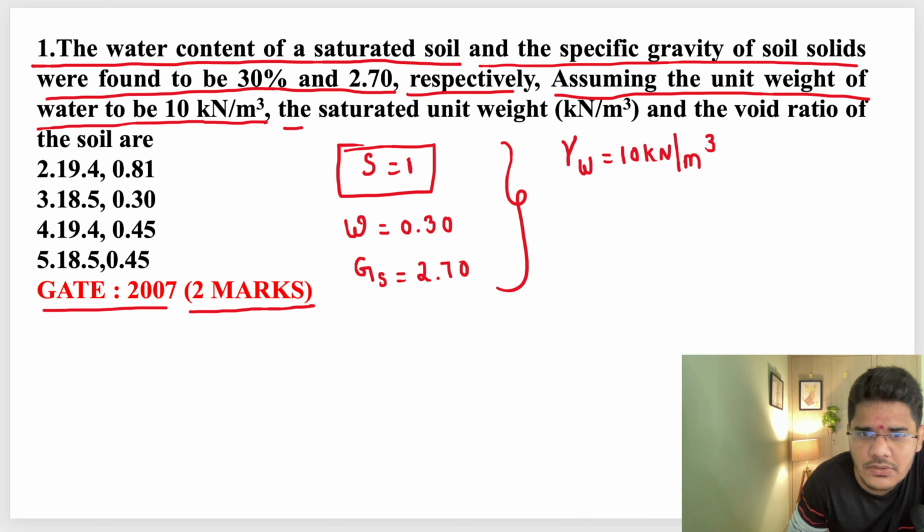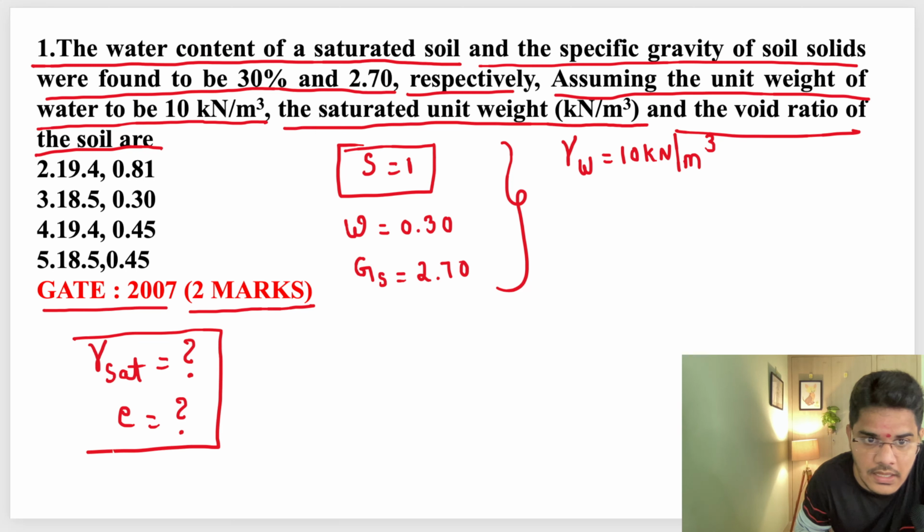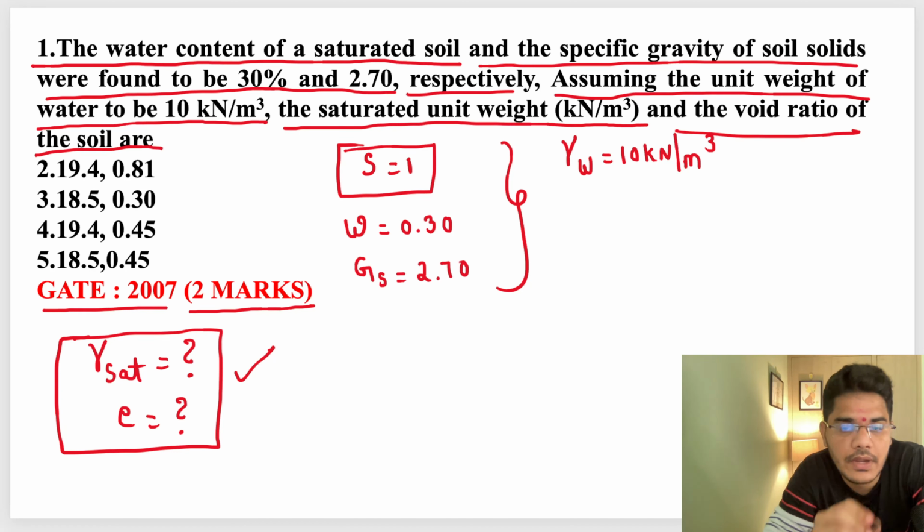And the saturated unit weight and the void ratio of the soil are asked. So he asked us to find out gamma sat is equal to how much and E is equal to how much. These are the two things that we have to find out.